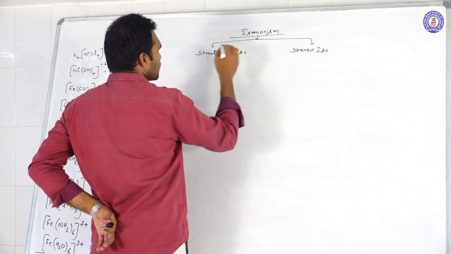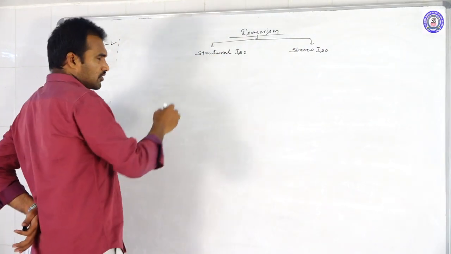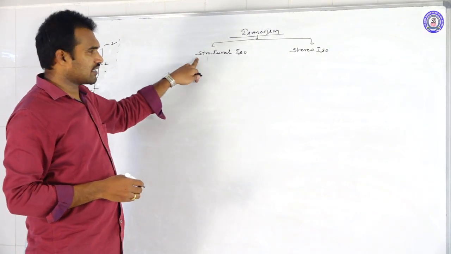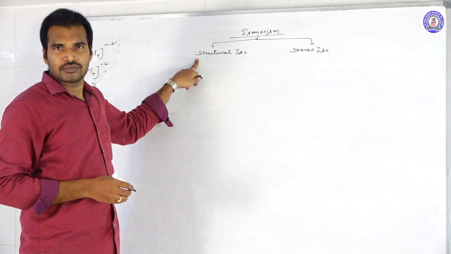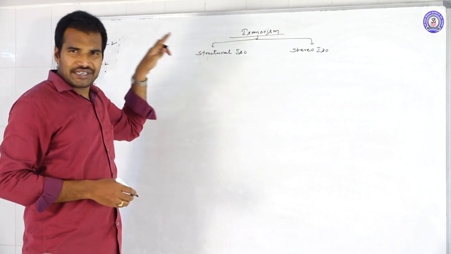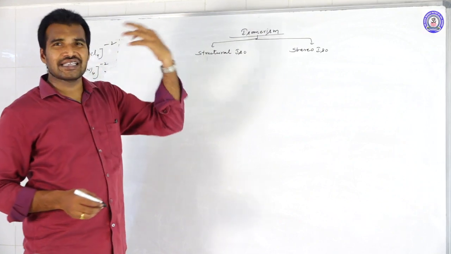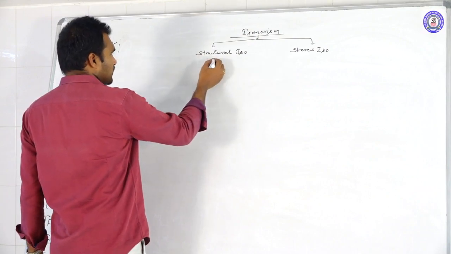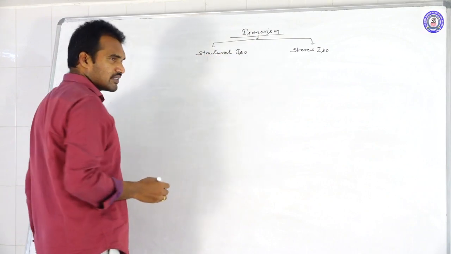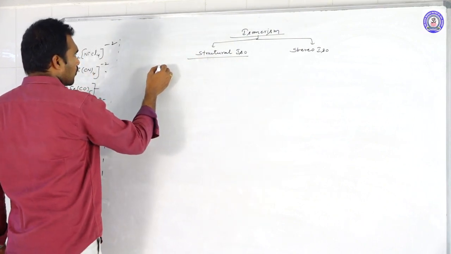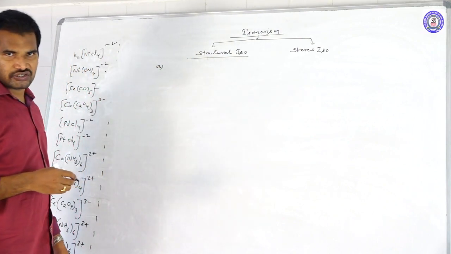Structural isomerism and stereoisomerism. Structural isomers are pairs of compounds having the same molecular formula, but they show different properties because of differences in their structure. Especially the coordination complexes will show the following types of structural isomerism.